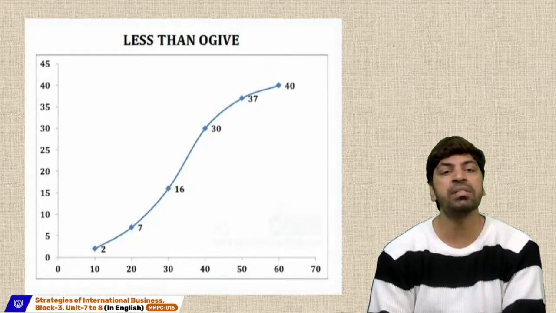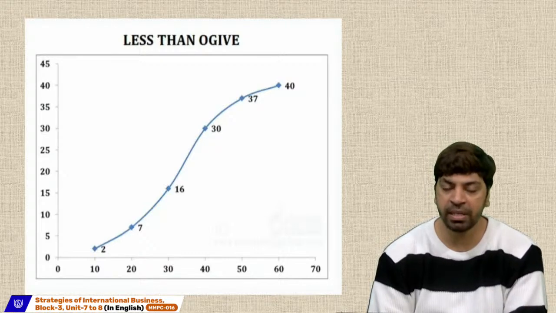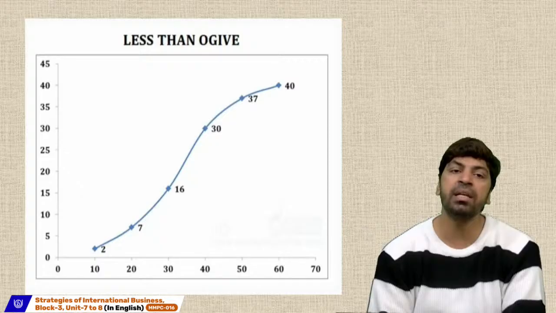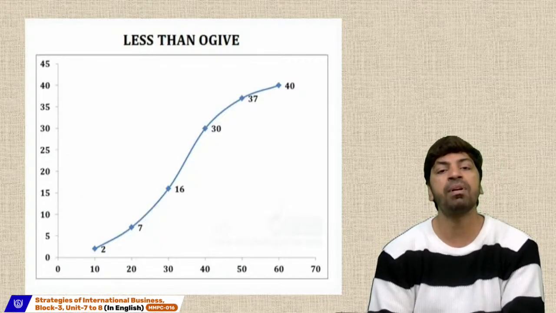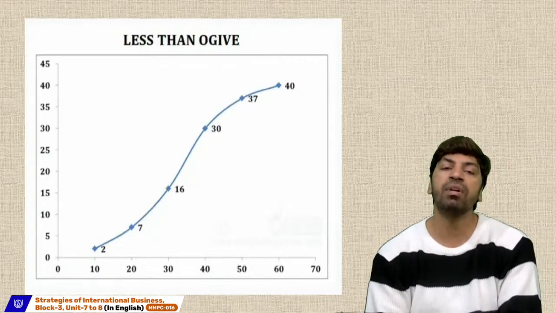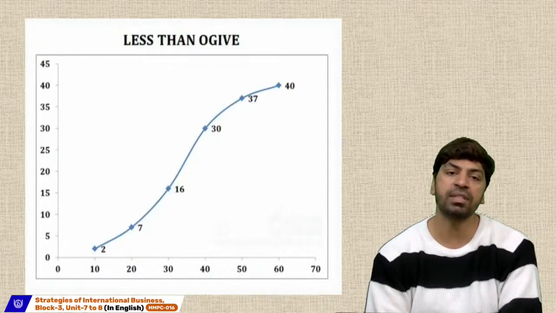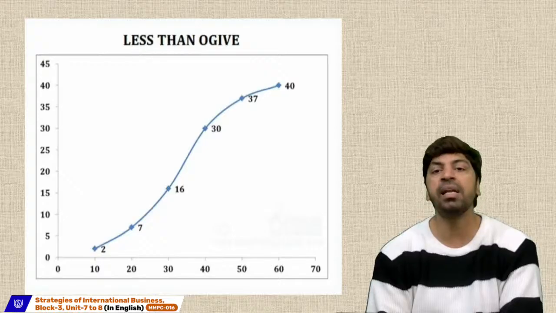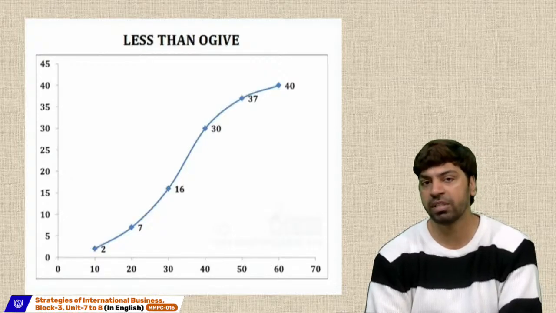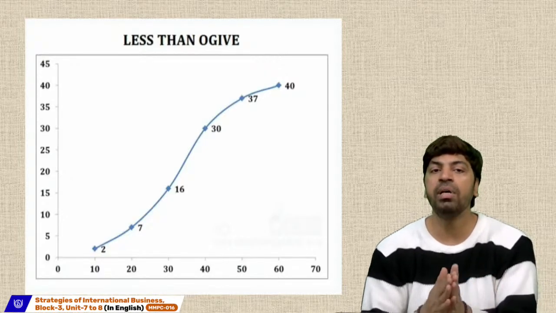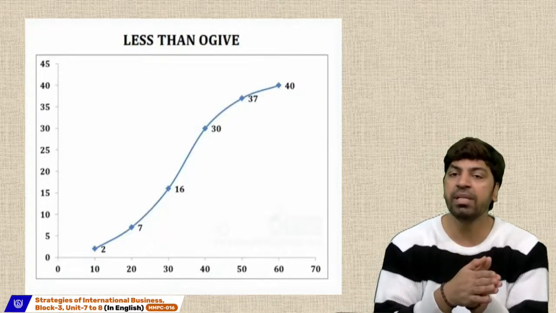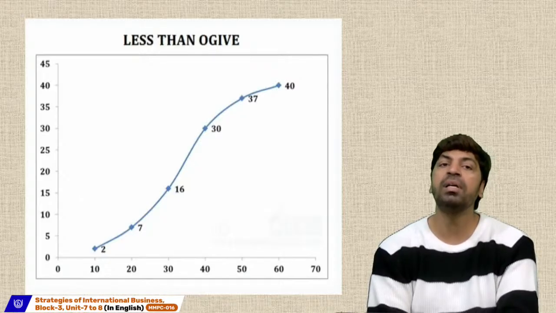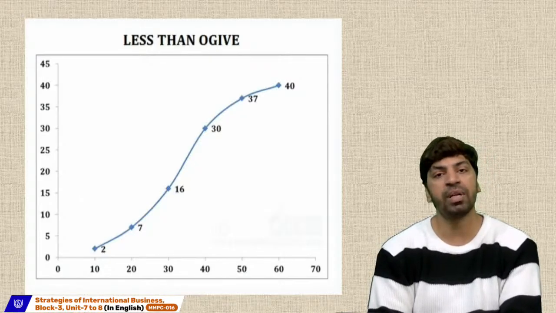Accordingly we mark the points: upper limit 10, the frequency is 2. Upper value 20, the frequency is 7. 30 is 16, 40 is 30, 50 is 37, and the last is 60, that is 40. So this is how it begins from the lowest frequency to the highest, and that is exactly called the less than ogive cumulative curve.